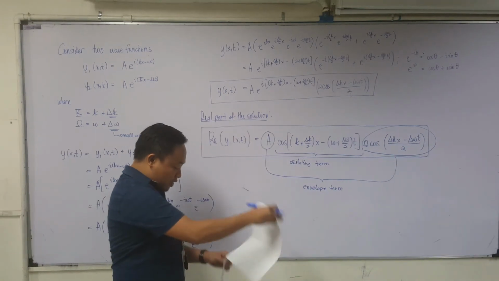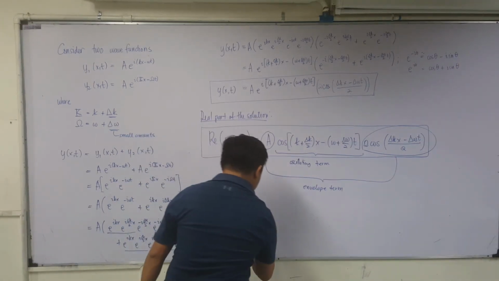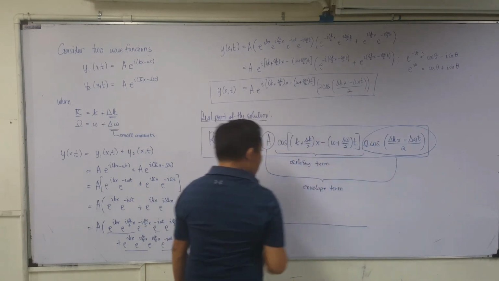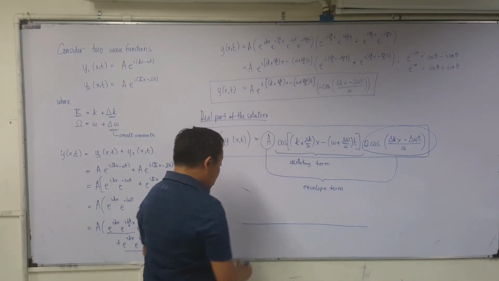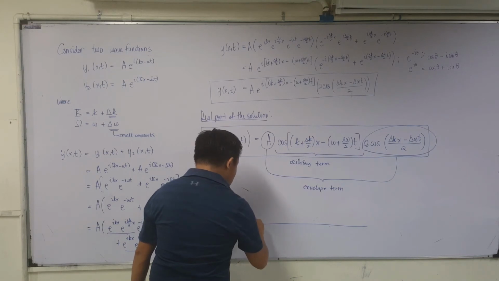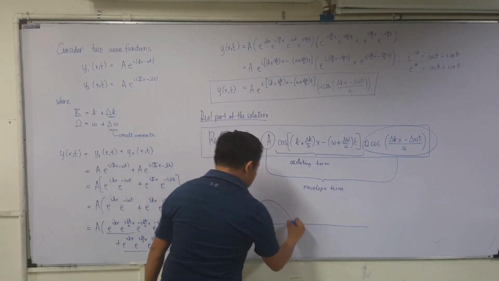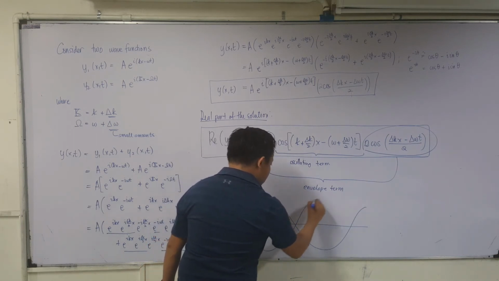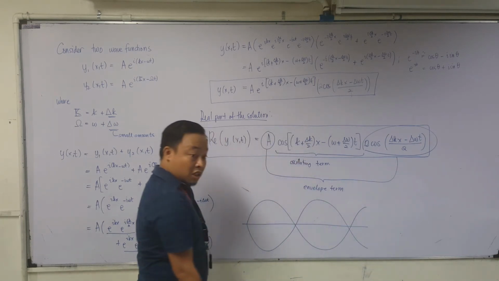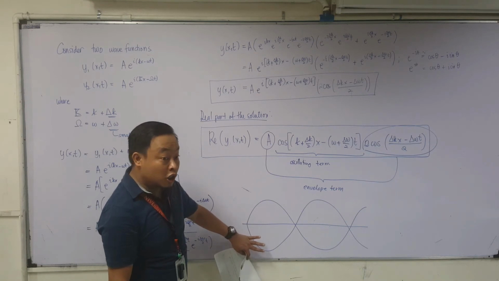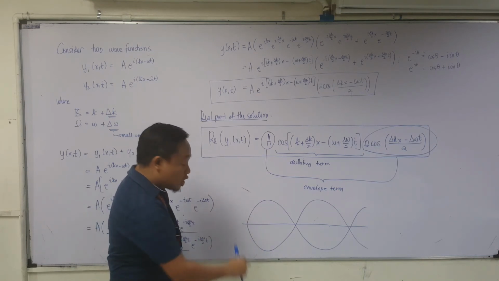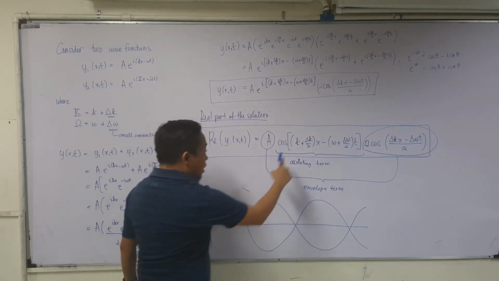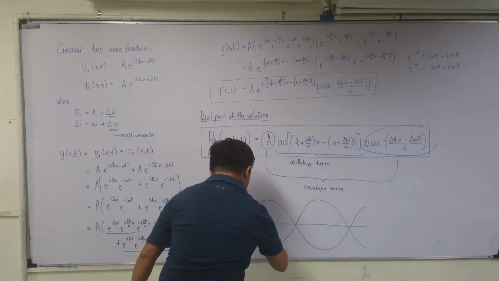If we graph that, it would look something like this. This is your x. So this is your envelope term. It is a sine cosine function, so it would look something like this. But this is not your function only, because this is only the envelope.